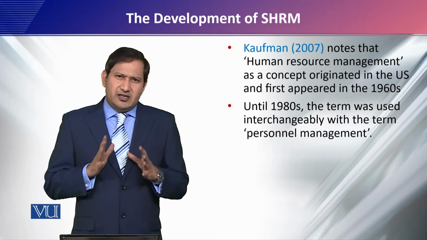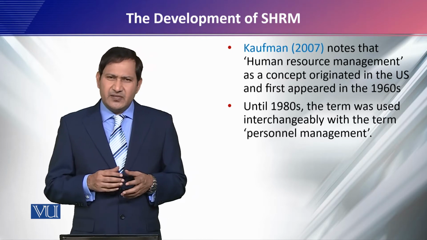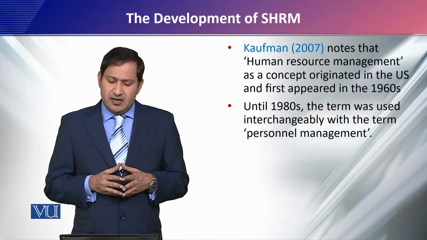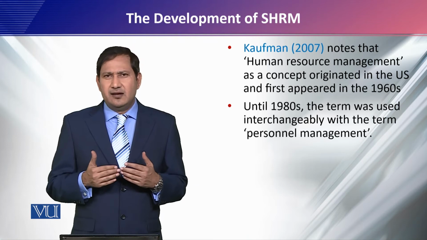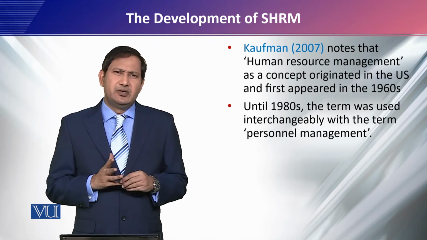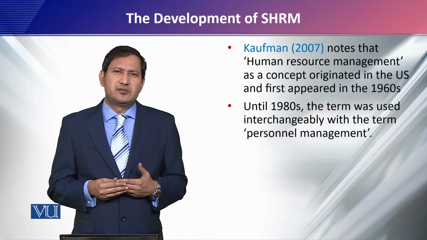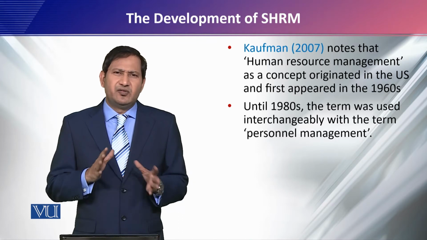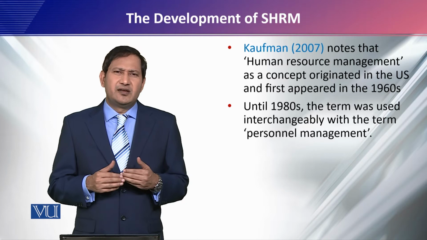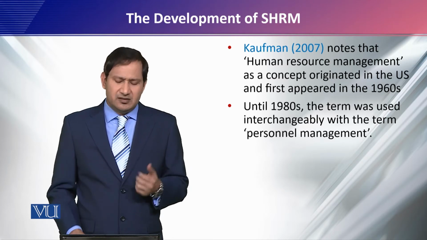So the term emerged, and this concept was rooted in the 1960s. Until the 1980s, the term was used interchangeably with personnel management. What we mean by interchangeably is that if you call it strategic human resource management or personnel management, we are using the terms without paying attention to any differences between or among these terms.